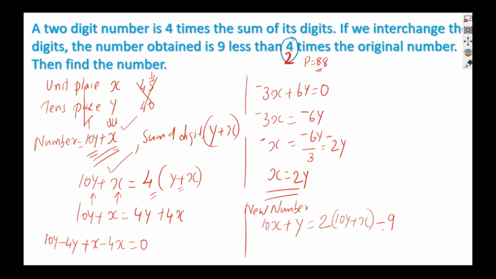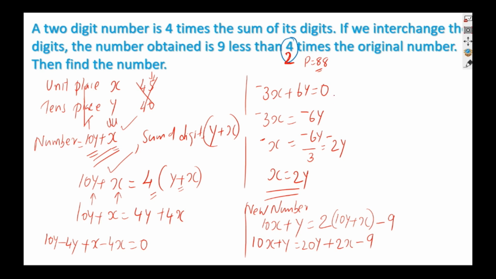If you subtract 9 from that, you get the new number. Understood? That means this can be rewritten as 10x plus y is equal to 2 into 10y, 20y plus 2x, correct, minus 9.